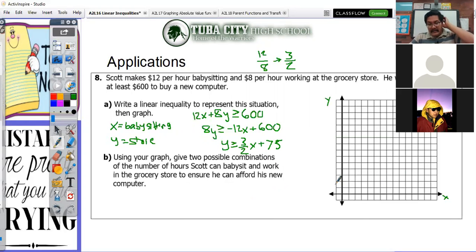Now what this is telling us is that this guy could theoretically work 75 hours babysitting, and he would manage to get the computer, assuming, but then again, he also has to work at the grocery store, so that's not very likely that he'd work 75 hours babysitting and not be at the grocery store. But anyway, that's kind of what the y-intercept means.